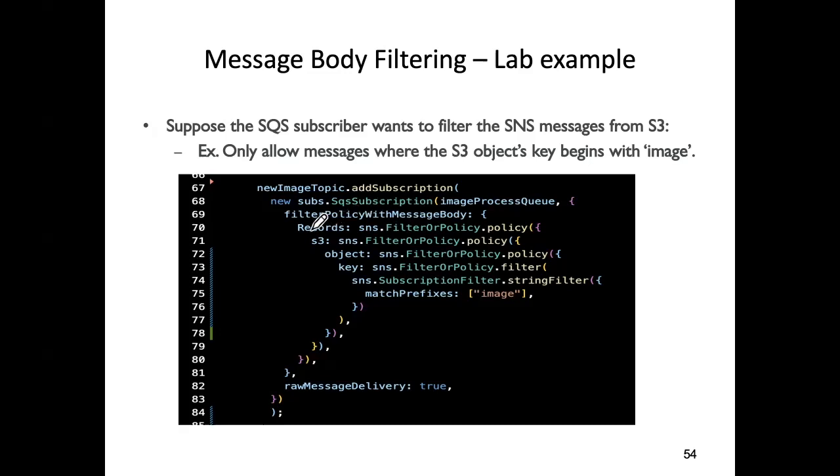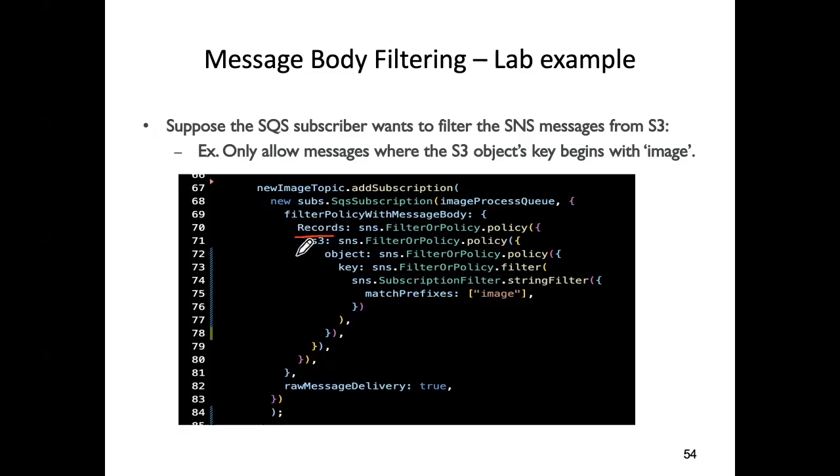What you need to do here is describe the structure of the message body and focus in on the part that you are interested in from the filter's perspective. So here we're saying, at the very top of the message body, there is a key called records, and we saw that.